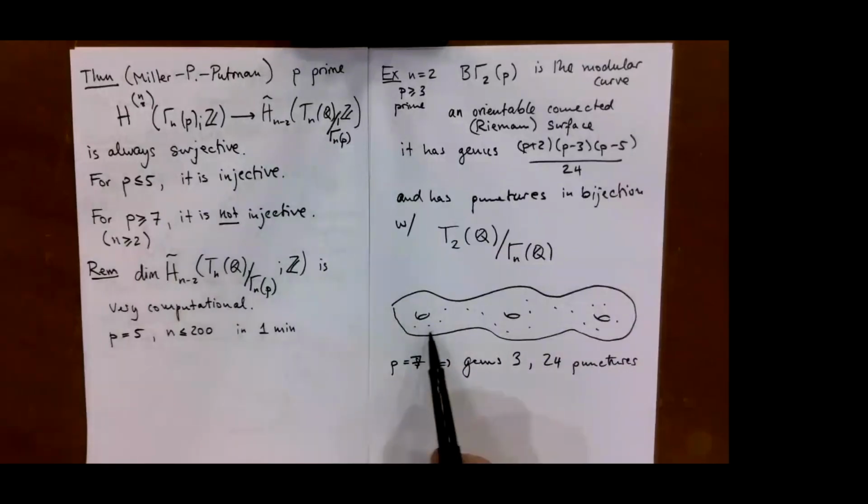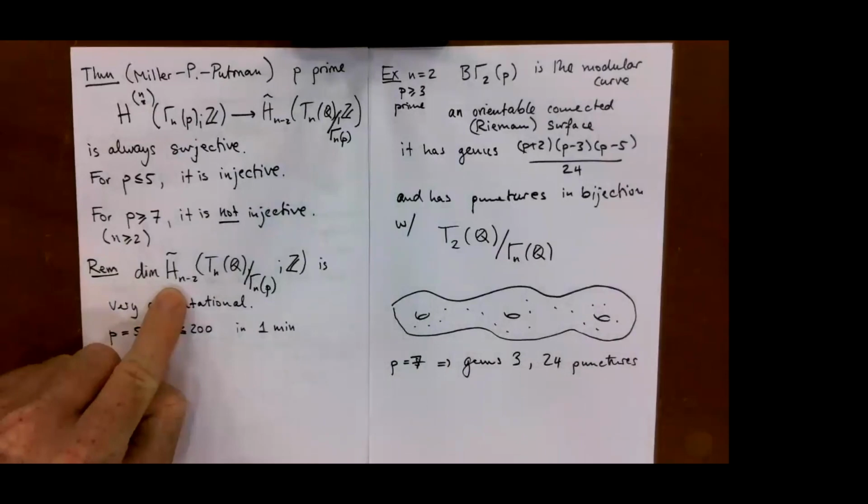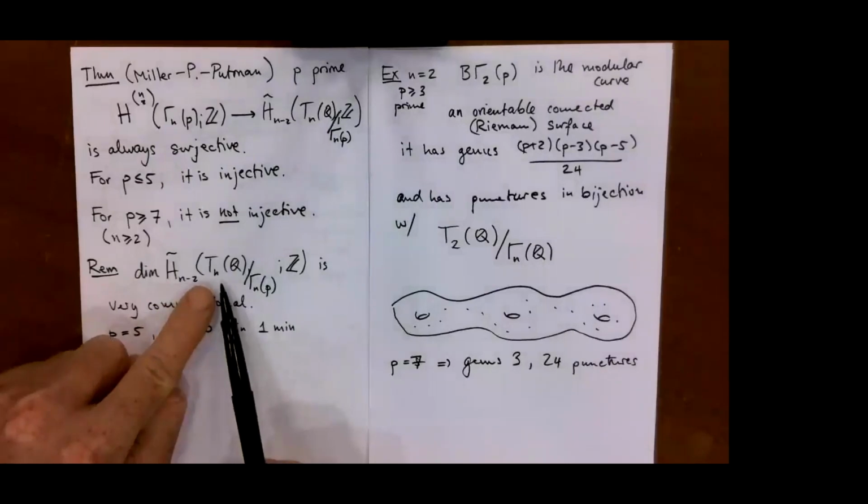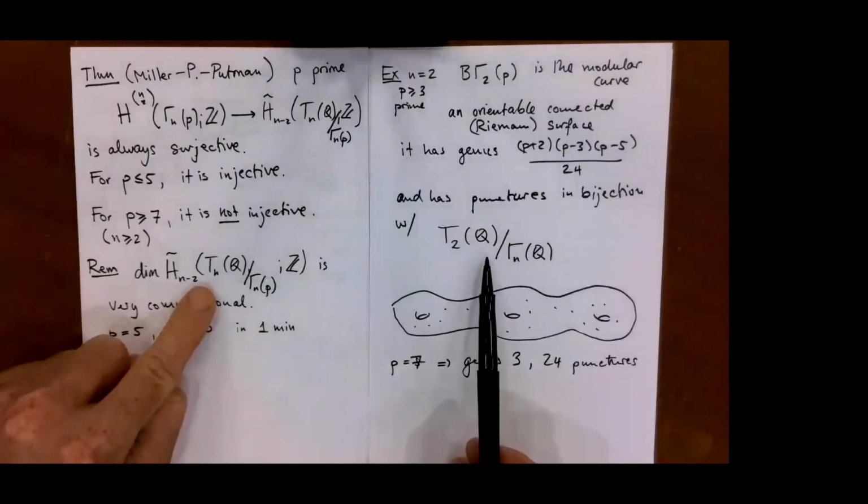But if you have 24 punctures, then the cycles around them generate a free abelian group of rank 23, one less. So in particular, the one homology that is generated by the punctures corresponds to the reduced zero homology of this thing.